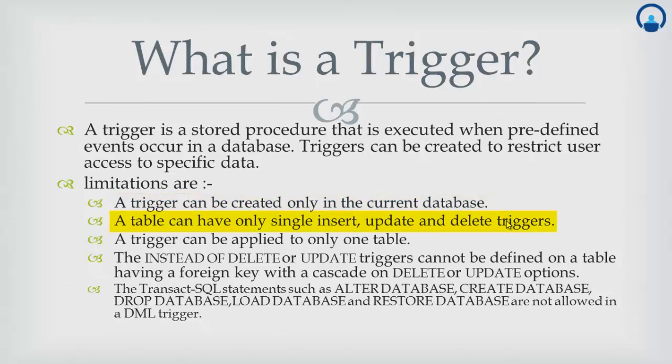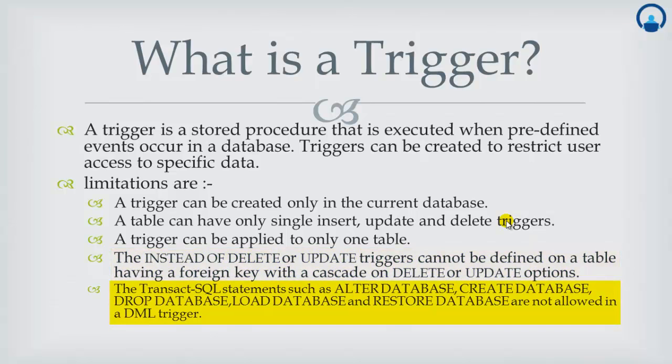A table can have only single insert, update, and delete triggers. A trigger can be applied to only one table. The instead of, delete, or update triggers cannot be defined on a table having a foreign key with a cascade on delete or update options.